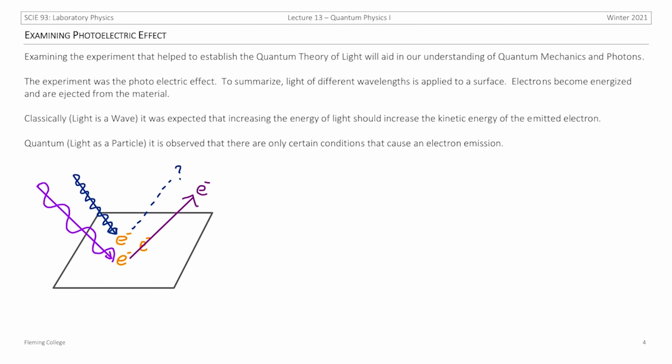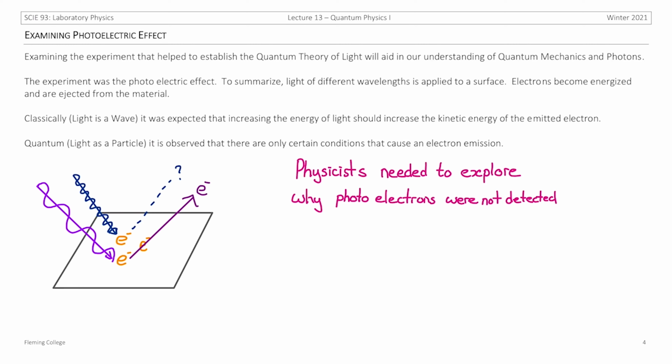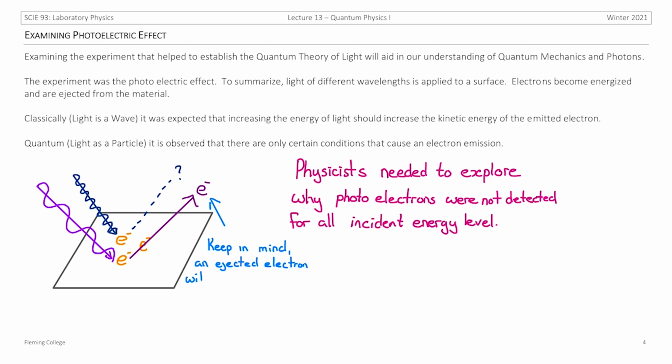This ejected electron is referred to as a photoelectron, and physicists really needed to dig into why this phenomenon happened: that electrons weren't ejected at all intensities, and that electrons weren't ejected with more and more kinetic energy as we increased the intensity. So keep in mind, this photoelectron, when it's ejected, has a mass, we saw that in our previous lectures, and it will have a velocity if it's ejected. So we're looking at the kinetic energy of the ejected photoelectrons.